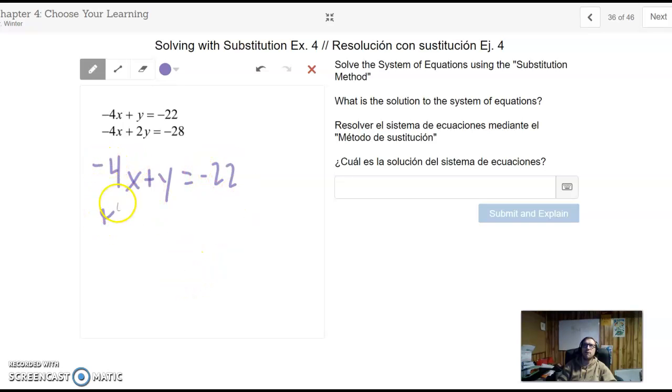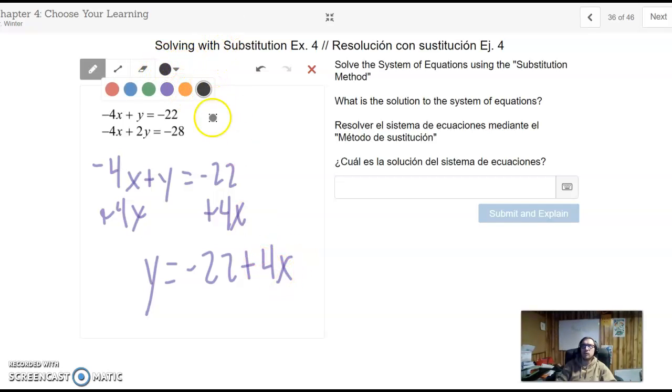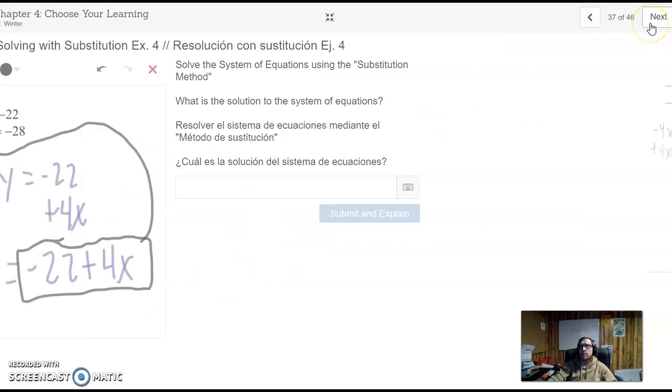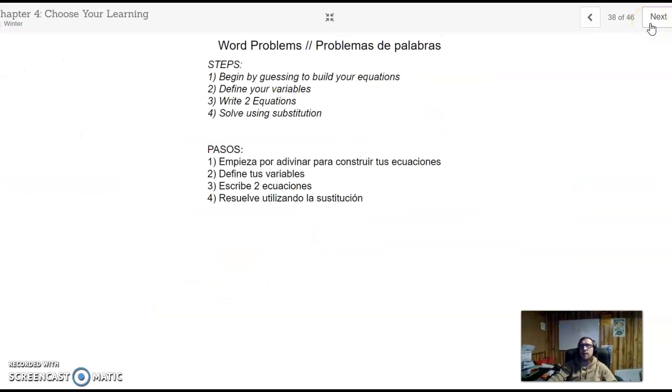So if I add 4x to both sides, we get y equals negative 22 plus 4x. Remember, then we're going to take this part of that first equation and we're going to plug it in right there for y. You got this. And when you're done, go ahead and check your answer to see if you got the right thing. All right, we're going to keep moving.